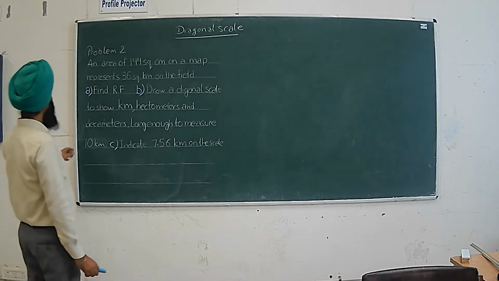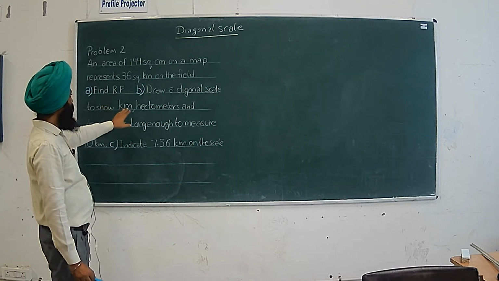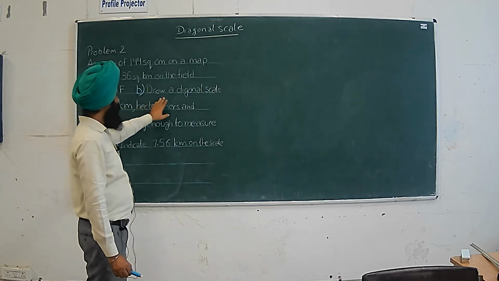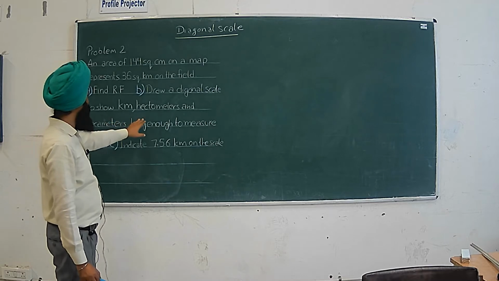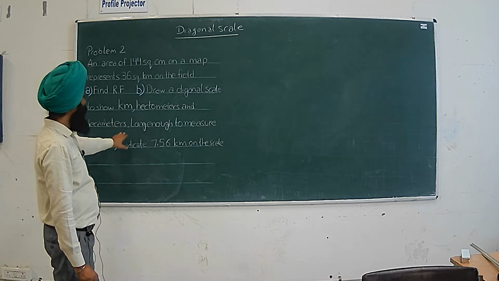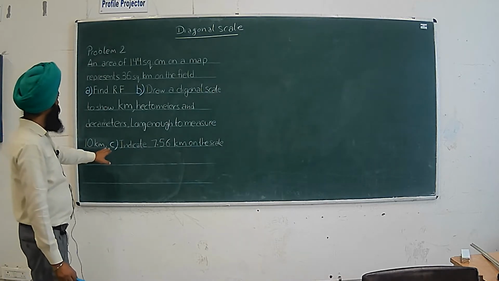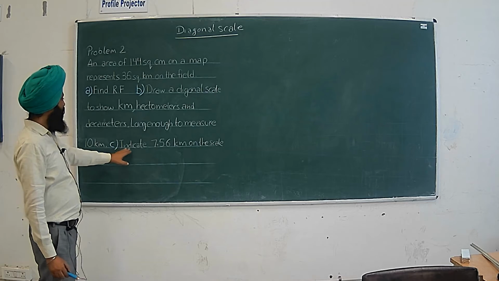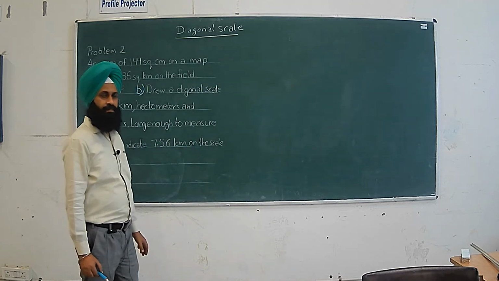We have to find, first, the RF, representative factor, or draw a diagonal scale to show kilometer, hectometers and decameters. This scale should be long enough to measure up to 10 kilometer. And we are to indicate 7.56 kilometer on the scale.